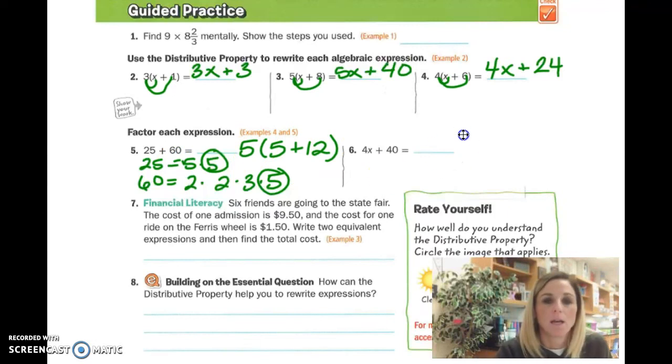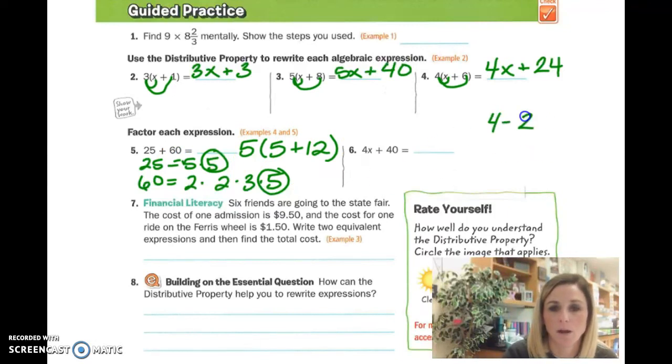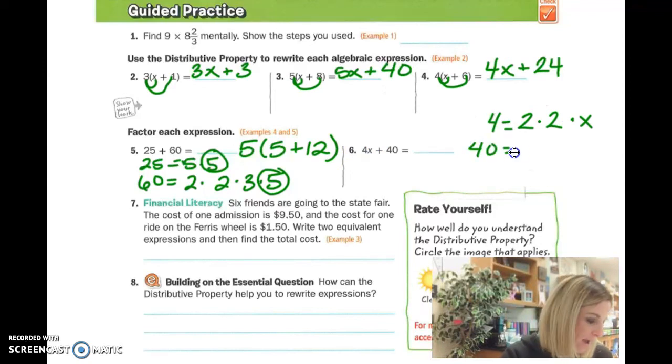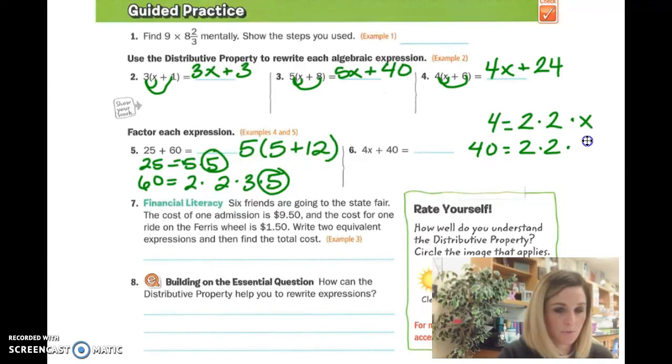Okay? Same thing over here. I know that 4 has a prime factorization of 2 and 2, but I have that x there, so I'm going to make sure that I include that. My 40, when I prime factored it, was 2 times 2 times 2 times 5. So I'm going to look at what they have in common.